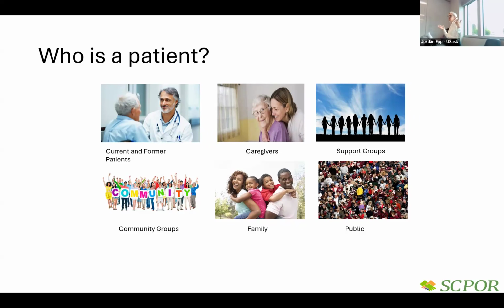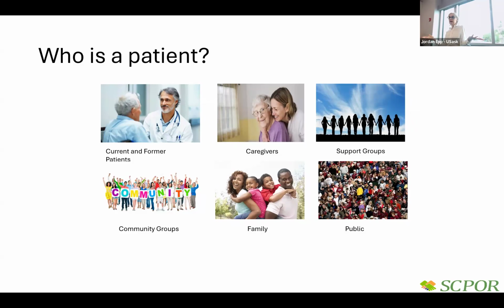So when we think about somebody, for example, who has dementia, they might not be able to contribute to a health research project, but the people who care for them, maybe a spouse or a family member, can. We talk about support groups. So we have research that comes from groups. For example, we have long COVID research, and a long COVID support group, people who had long COVID, were very instrumental in helping us with our research.